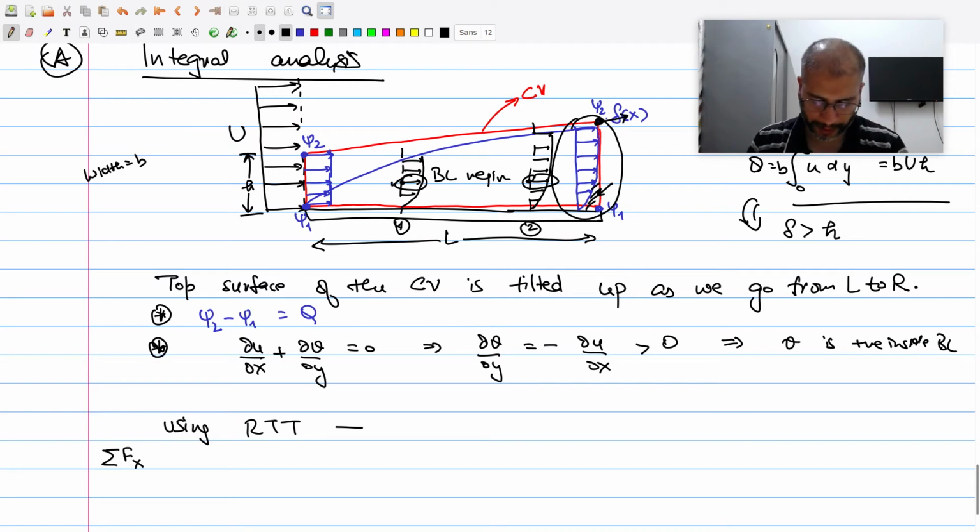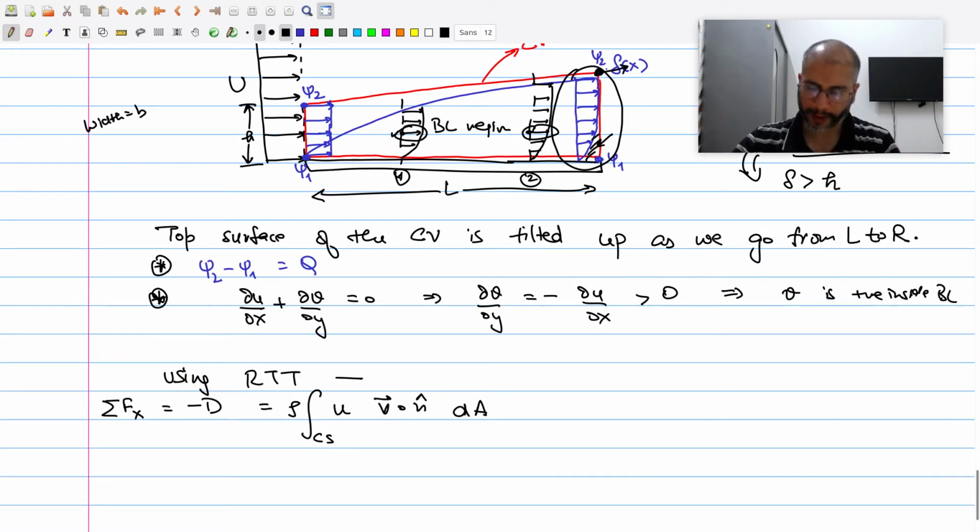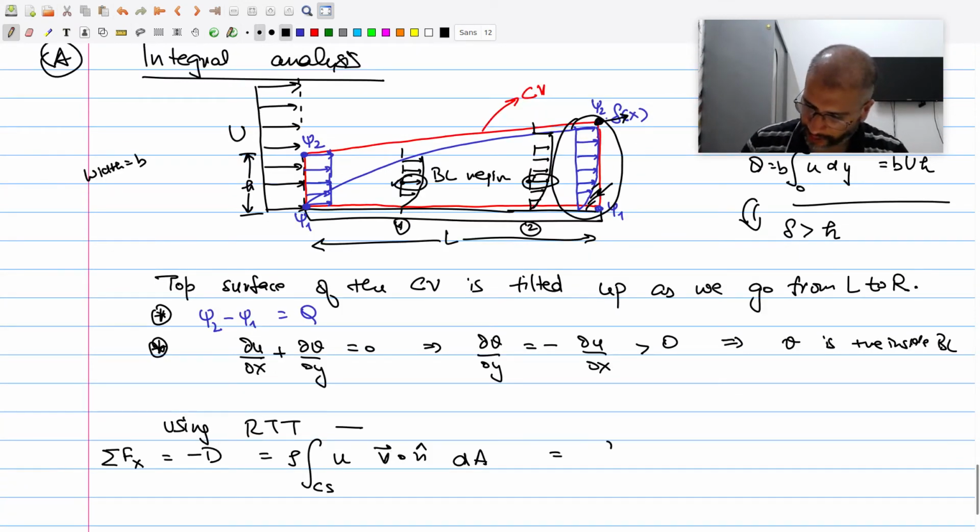We'll only apply it for the x direction forces, which is equal to the drag force, or in fact minus the drag force, because the drag is acting on the fluid to the left, and this is equal to the integral along the control surface of rho, which can be taken out because it's a constant, x velocity, v dot n times dA. Okay, the transient term is 0, and you can figure that out yourself, and this can be written as the integral.